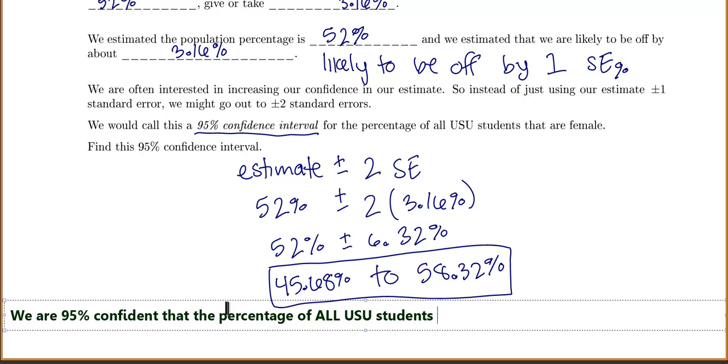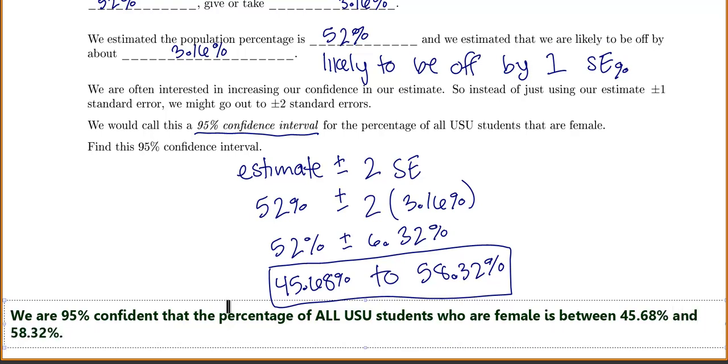So the percentage of all USU students who are female is somewhere in the range we just found, between 45.68% and 58.32%. Once again, we're 95% confident that the percentage of all the USU students who are female is somewhere between 45.68 and 58.32. I don't know what the exact population percentage is, but I'm very confident that it's somewhere between those two numbers.